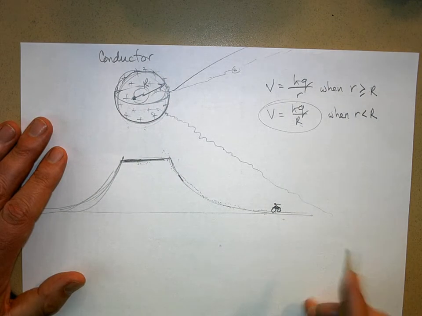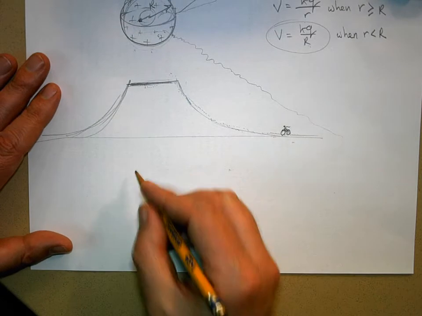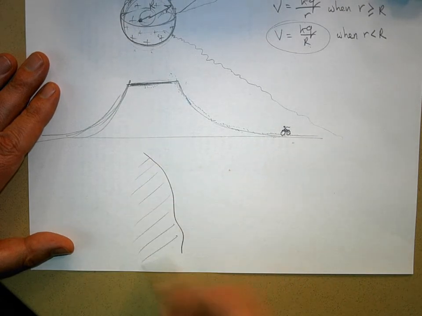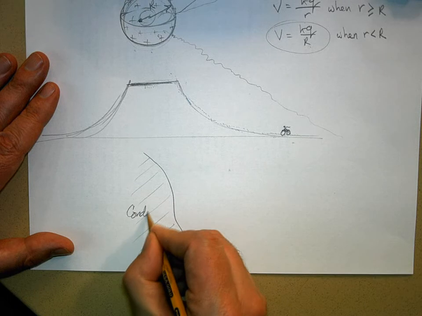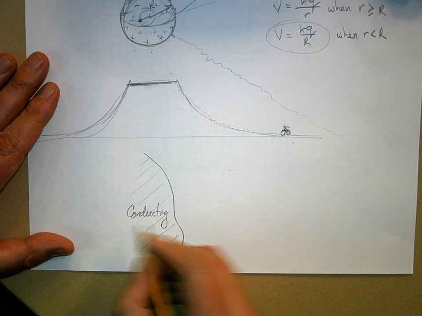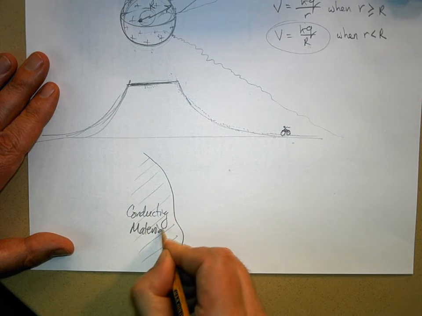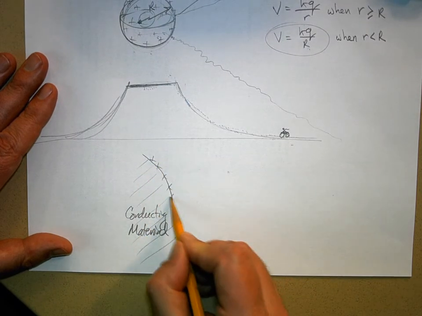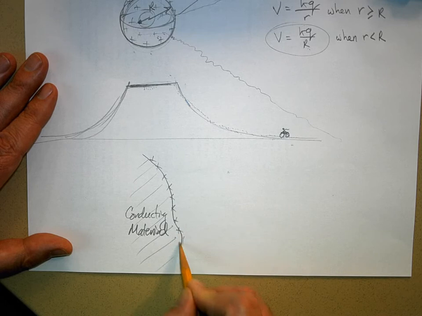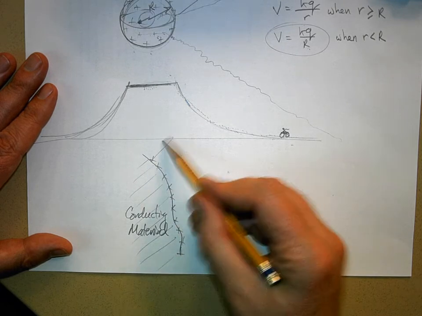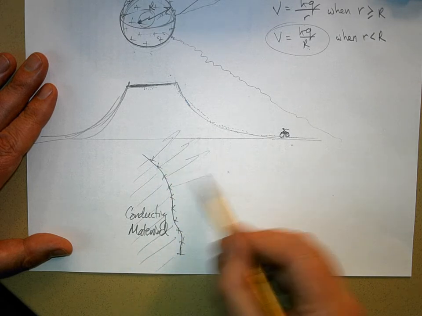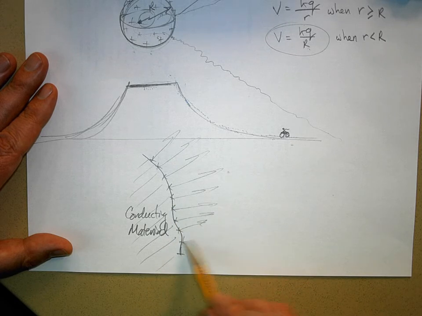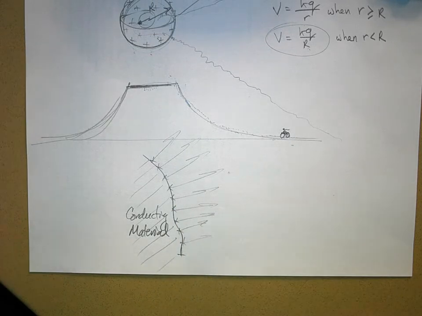If I have a conducting surface, and this represents the conducting material inside here, it's got charge on the surface, cross section. And, of course, the field lines always come off perpendicular, assuming an electrostatic condition.